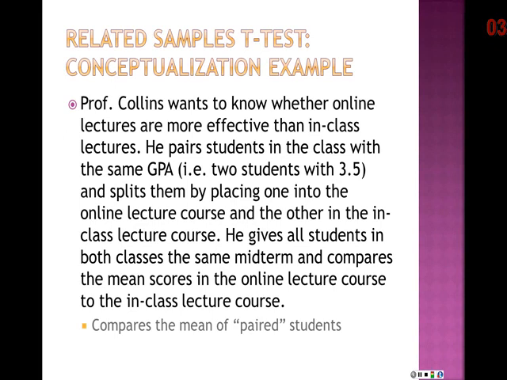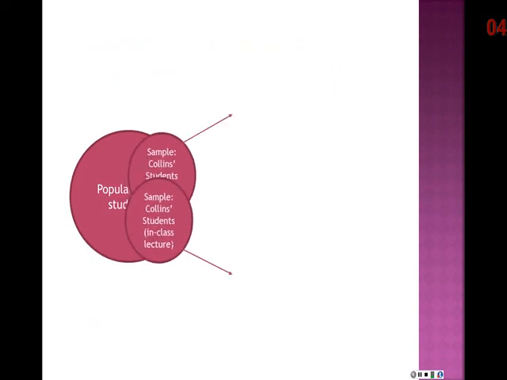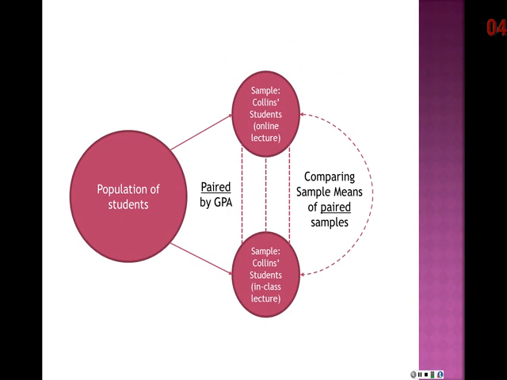So again, we're comparing the mean of paired students, and in this case they're paired on GPA, having the same GPA. So we're comparing students with an online lecture versus students who have in-class lecture. We're taking students out of a population and splitting them where they have some similarity between the two, in this case paired by GPA, and then comparing the sample means of the paired samples, right?